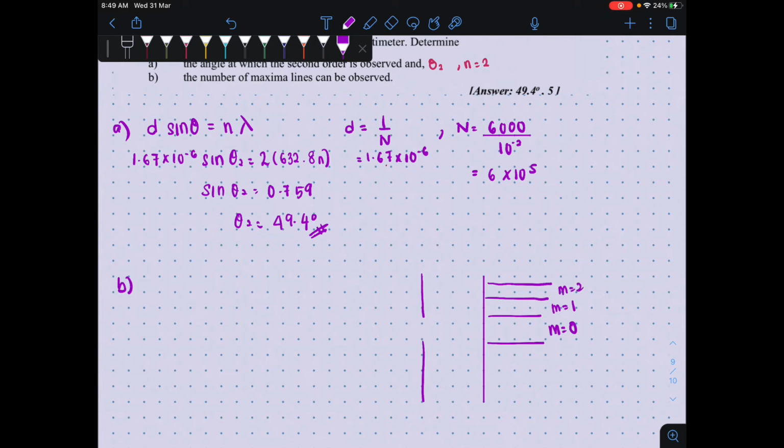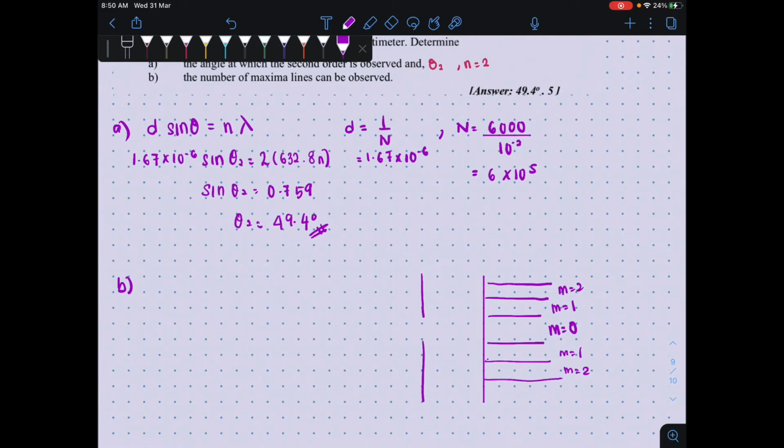However, you have to remember, whatever you got on top here, you're going to get at the bottom also. Whatever we have at the top, we will have at the bottom. So the question now asks to find the number of lines. We want to know how many lines you're going to observe on the screen. You must first know what is the maximum order that you can take.